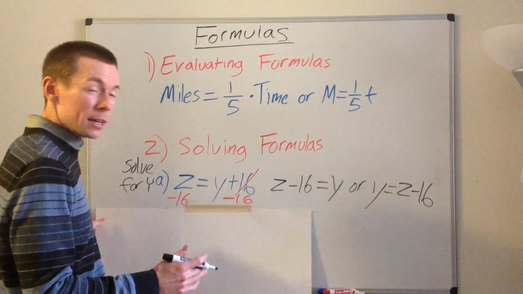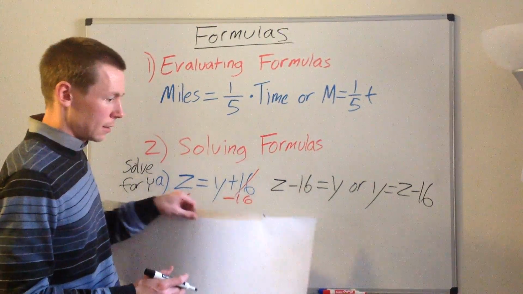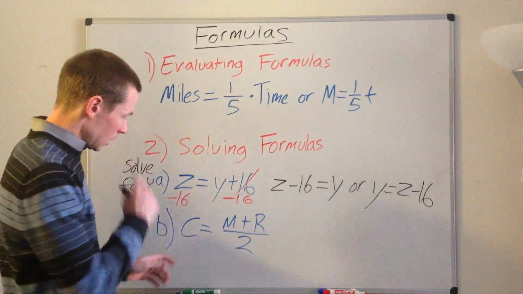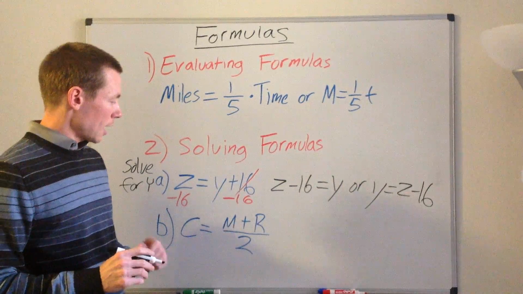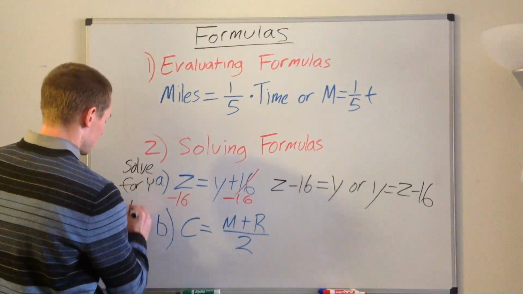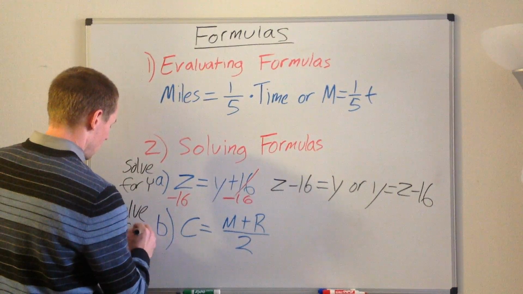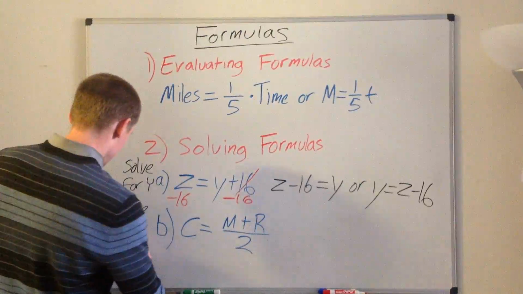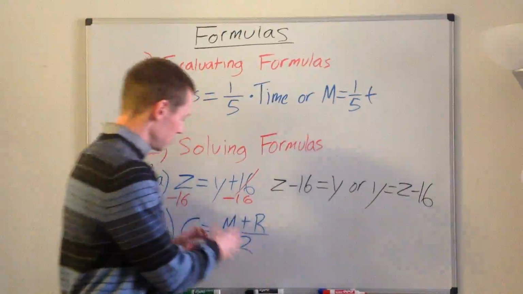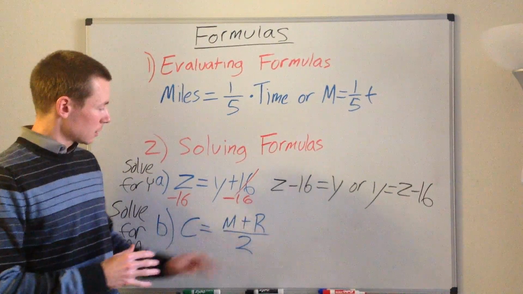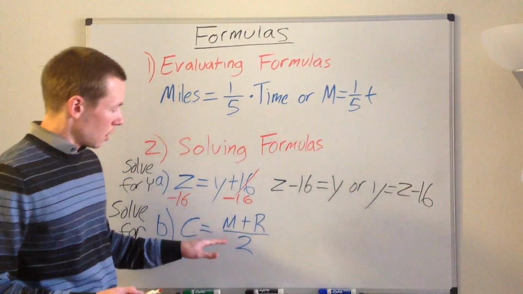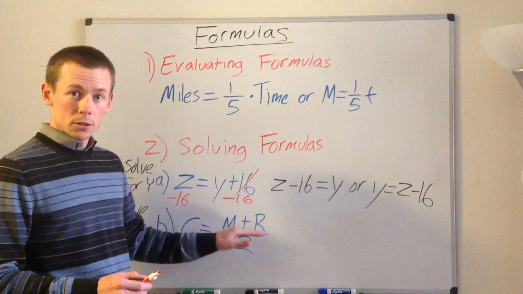Right? Let's look at one more example that has another step in it. So right now we have c equals m plus r over 2, and I want to solve for m. Well, first thing we want to do to get m by itself is let's clear out this fraction, or in other words, this division. Right here we're dividing by 2, because this is over 2.